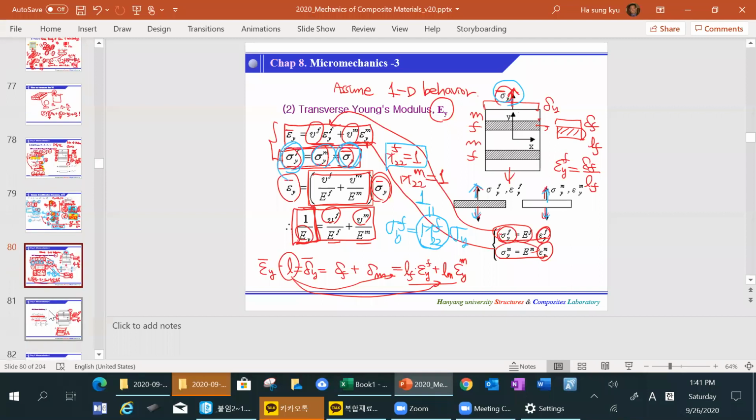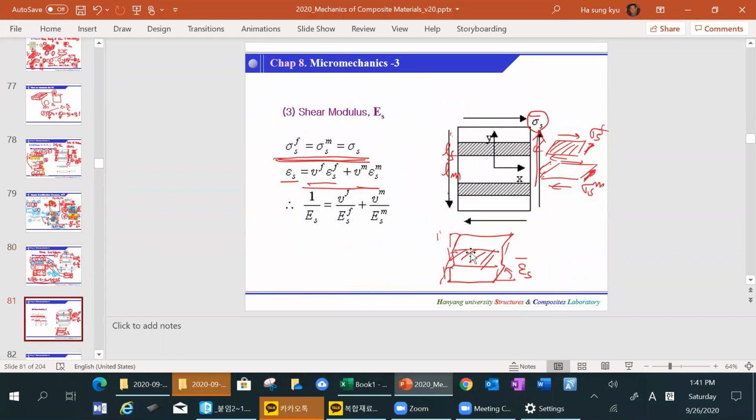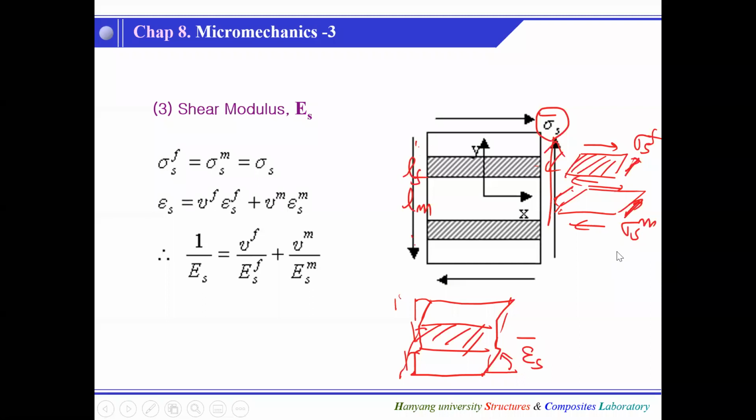And how about the shear direction? Okay, shear direction. In the shear direction, the derivation is very similar to the y direction. This is the fiber and matrix and matrix and so on.